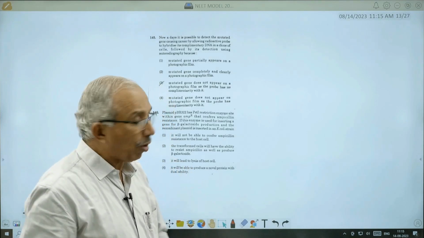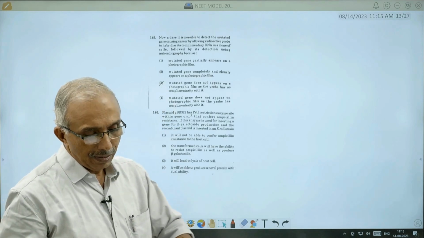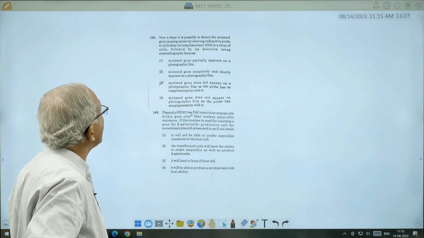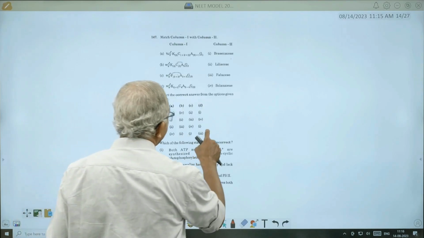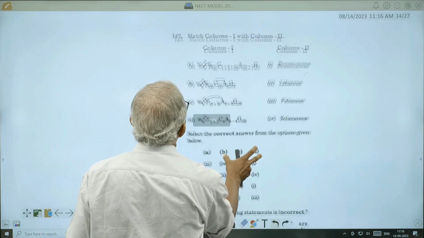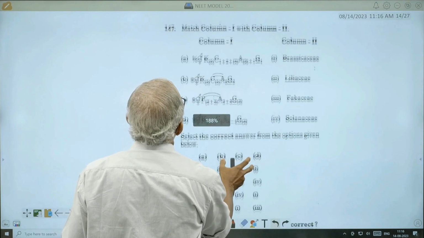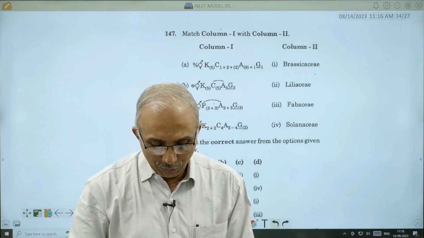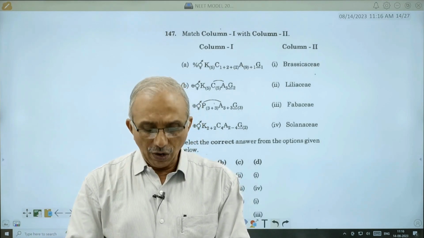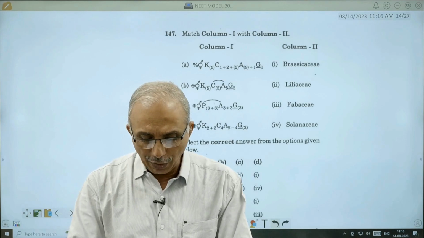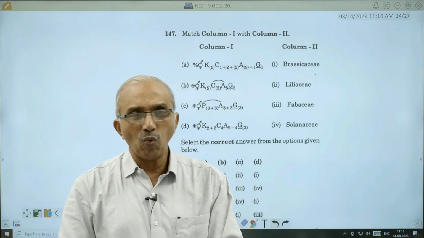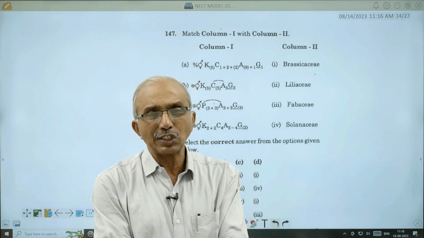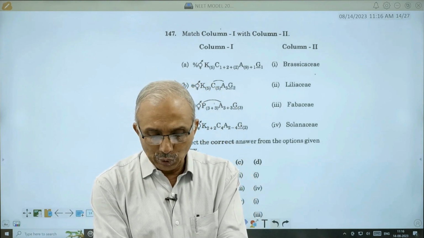There is no botany question there. In 45, next page. Match the following, column 1 and column 2. Here floral formula is given in column 1 and family name is given in column 2.